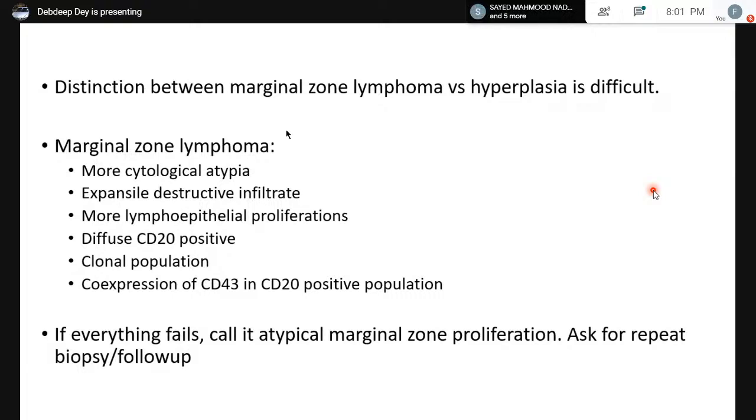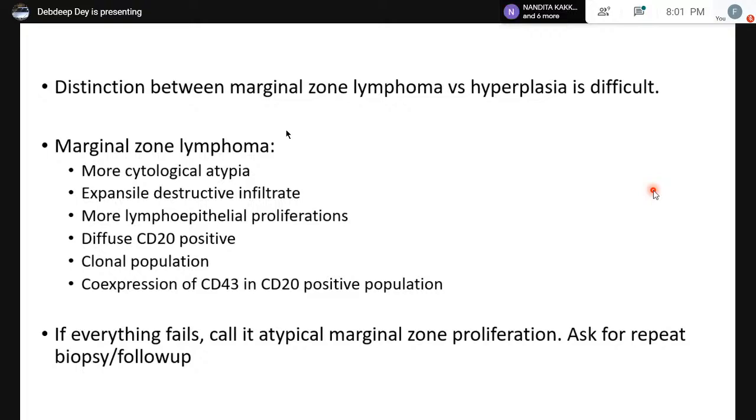Therefore, you have to sort of look at the case in totality, and you balance how many points are for and how many points are against, and then make up your mind. But sometimes it is not possible to do, and you end up calling it an atypical marginal zone proliferation.